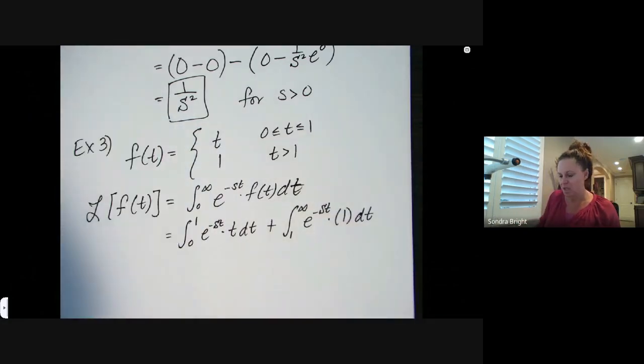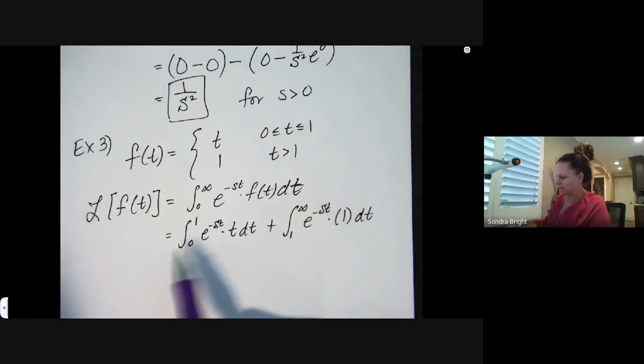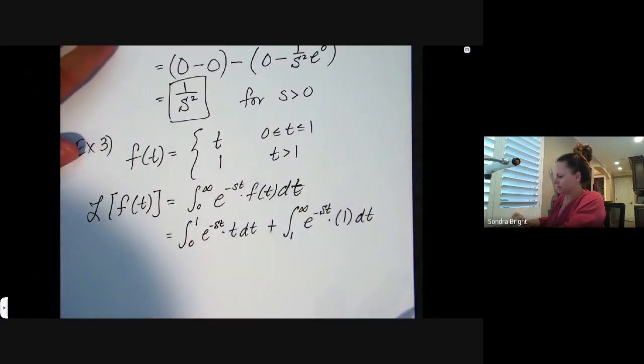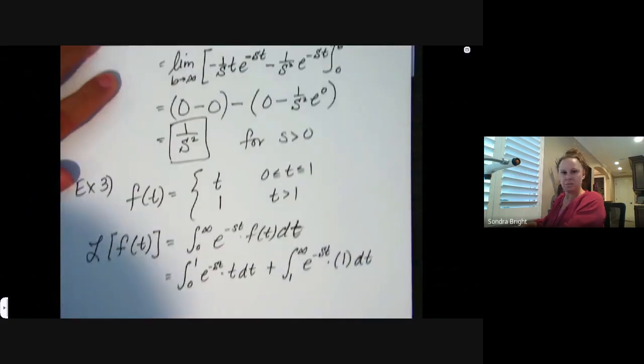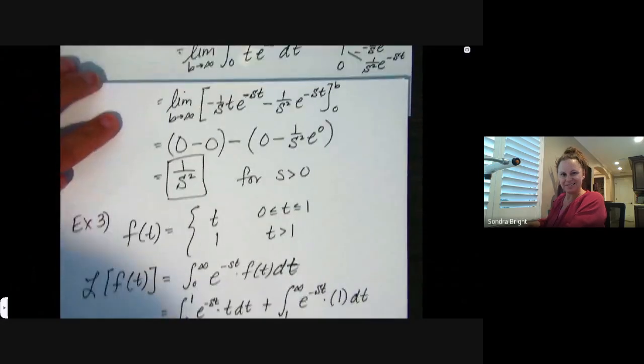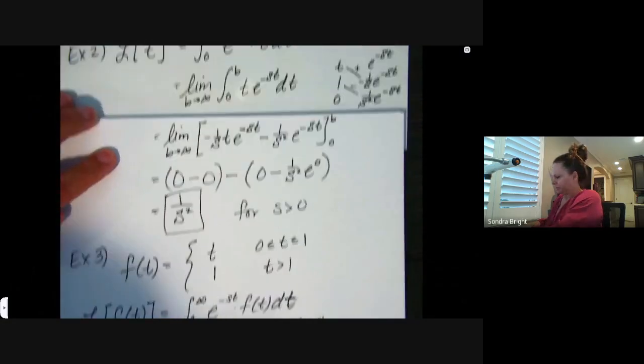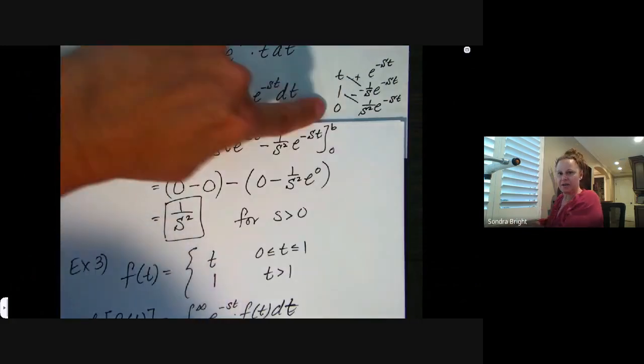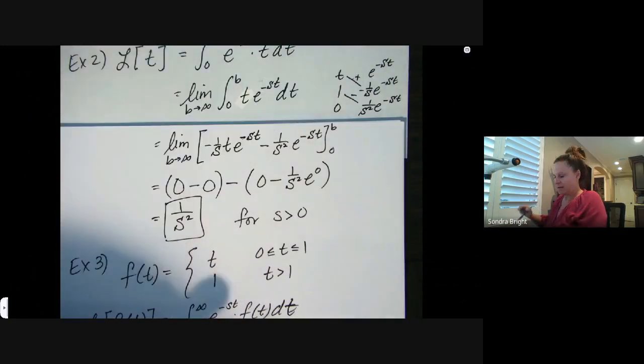All right, so now I already integrated this from the previous example, right? The limits were different. Here we go. T e to the negative st, we did this with the tabular method, and we ended up getting this.